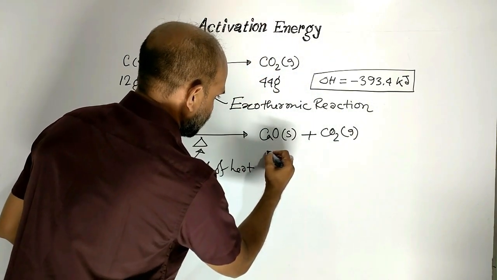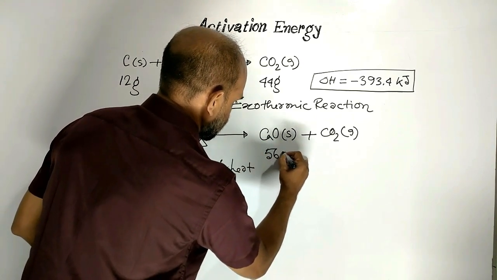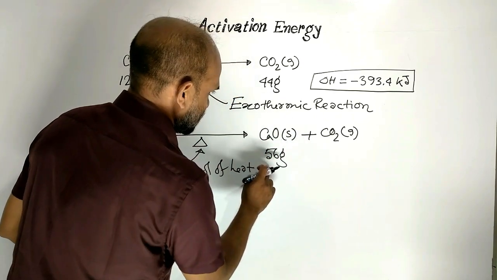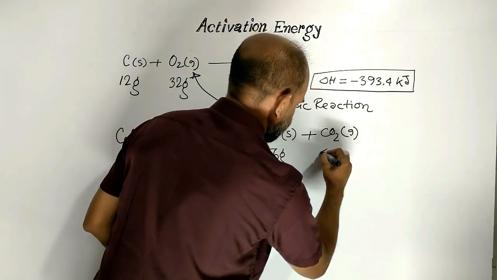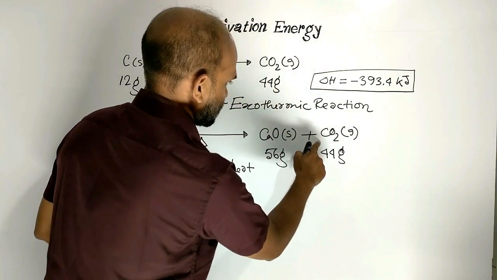Here, gram molecular mass of lime, calcium oxide, 56 gram and 44 gram for carbon dioxide.